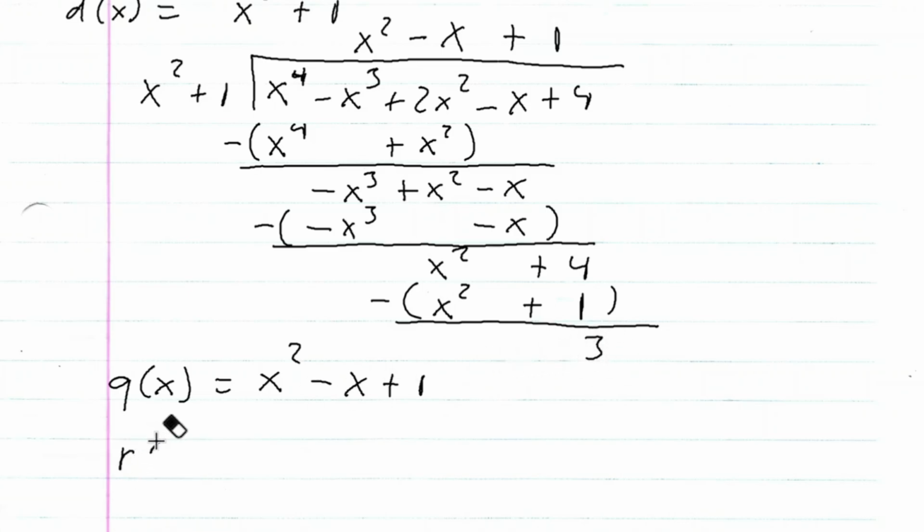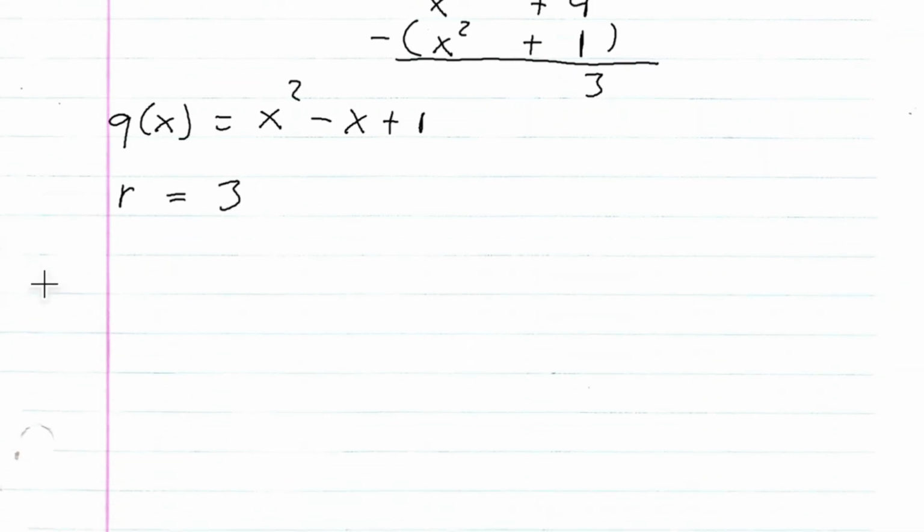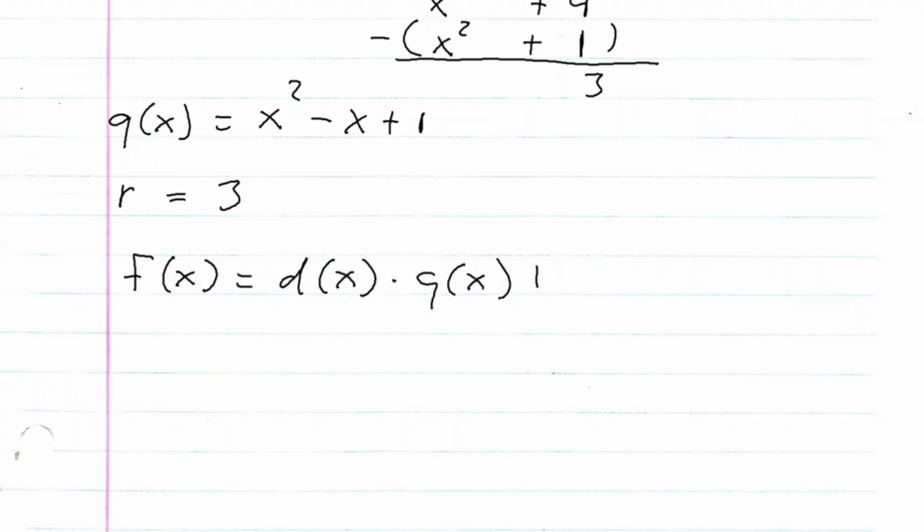So I'll just put remainder here. Remainder is equal to 3. So now, remember, the division algorithm: f of x is equal to d of x times q of x plus r. In this case, it's just going to be r because we know it's a constant. But of course, we can write r of x, right?